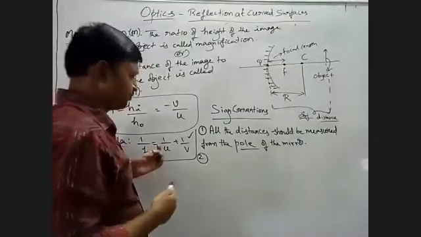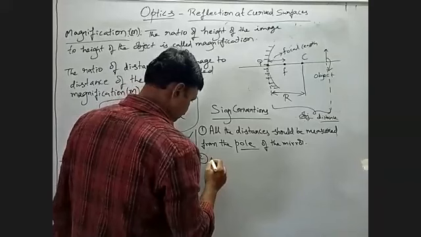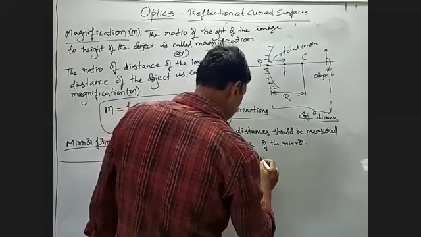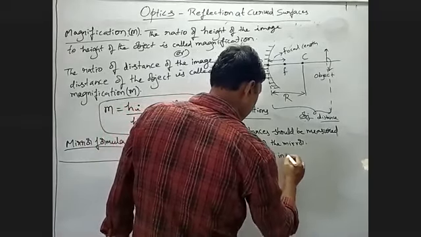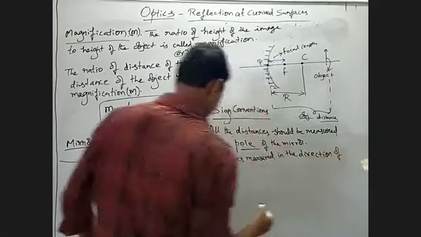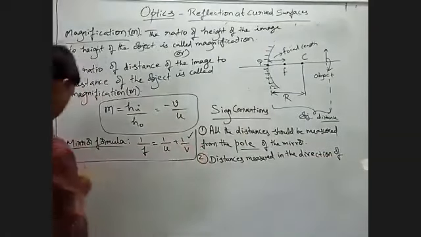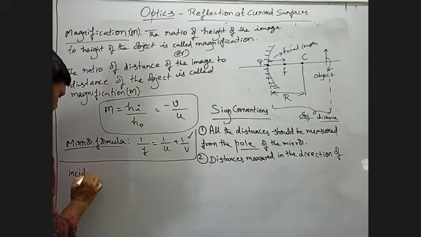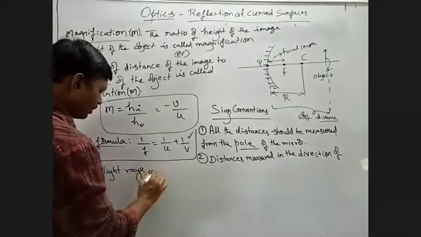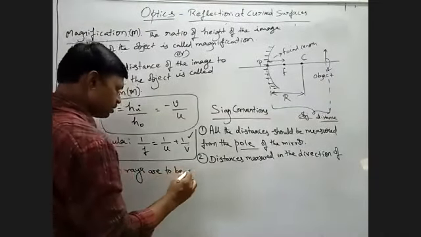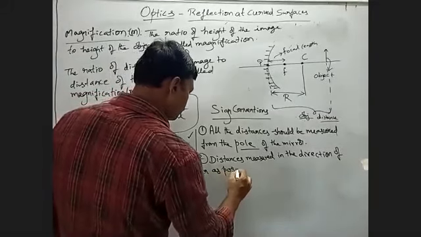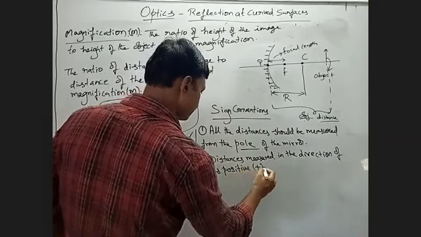So what is the case? The distances measured in the direction of incident light rays are to be taken as positive, that is plus sign.